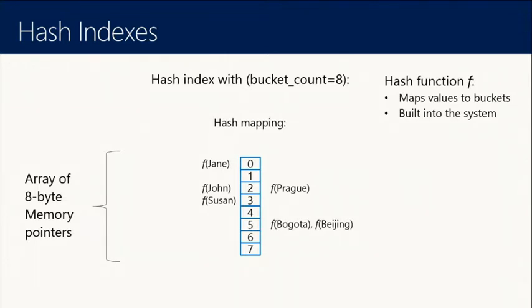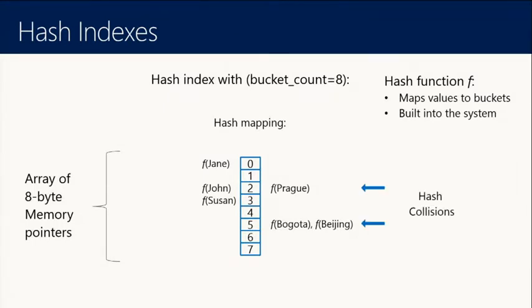This is an example mapping. And what you can see is that not every value is mapped to a separate slot. Because it is a random function, it can happen that multiple values are mapped to the same slot. And the smaller your hash index is, the higher the likelihood that multiple values are mapped to the same slot in that array.